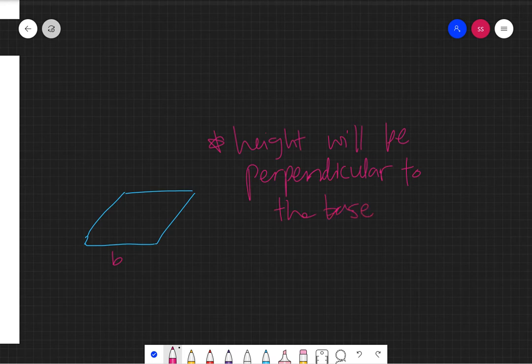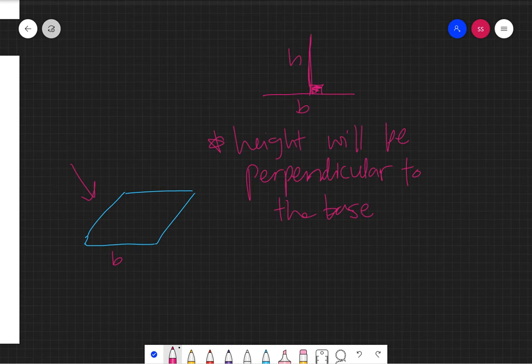Now by perpendicular, I mean it intersects with the base at a 90-degree angle. So if that's our base and this is our height, this would have to be our height because it intersects at a 90-degree angle to the base.